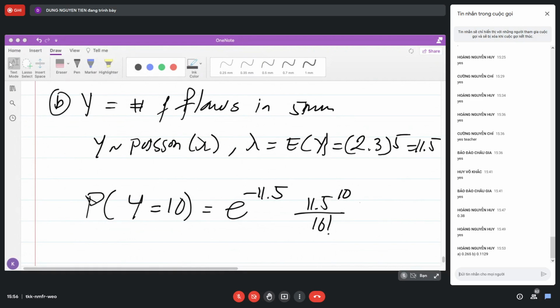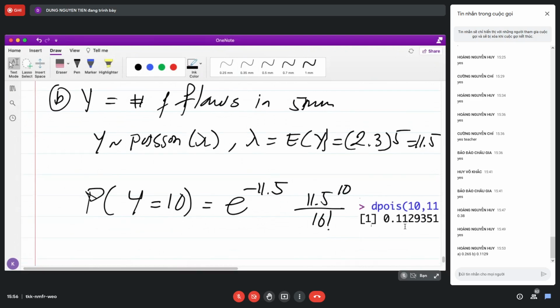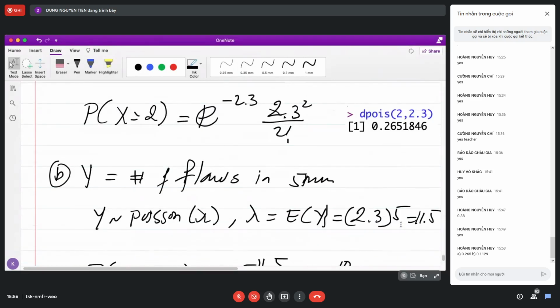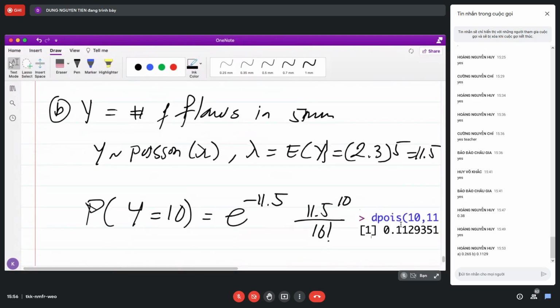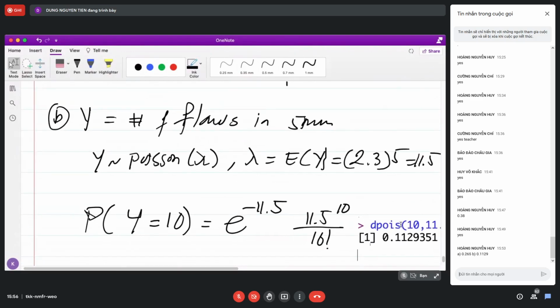So it should be this, and I come up with this. For the first one, it should be 0.2652. For the second one it is 0.112935. Any questions so far? Is that clear?